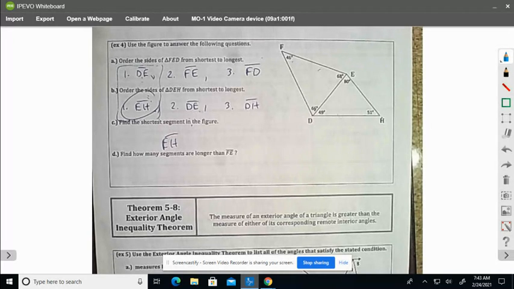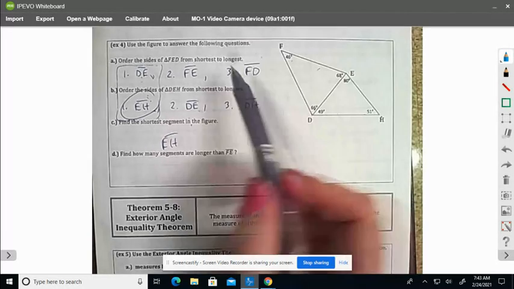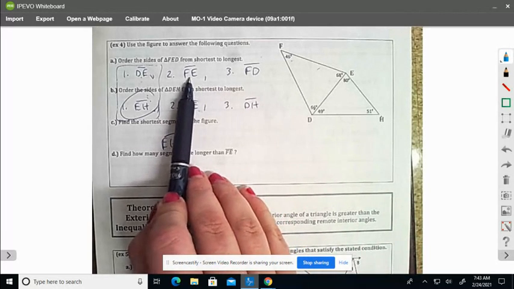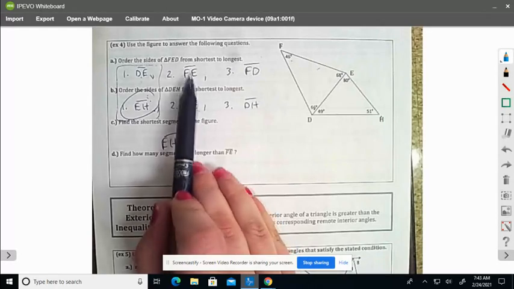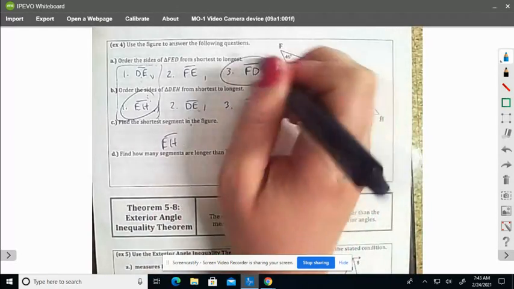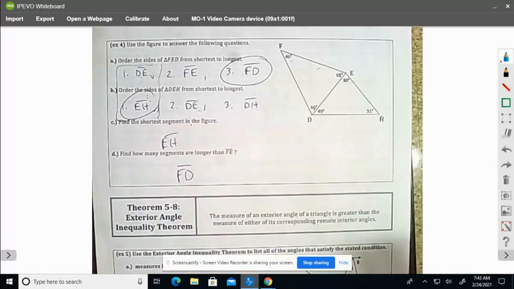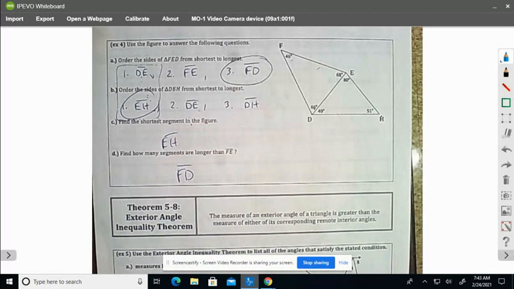Now, the last question here is to find how many segments are longer than FE. So FE is here, okay? The only one that we can prove is longer is FD because of what I just said. We had just said that it doesn't matter what the degree of the angle is.